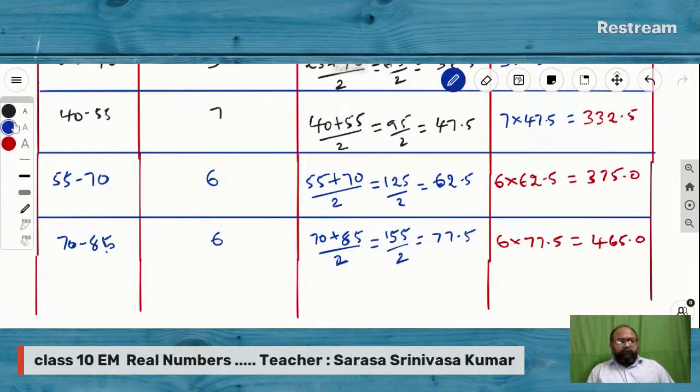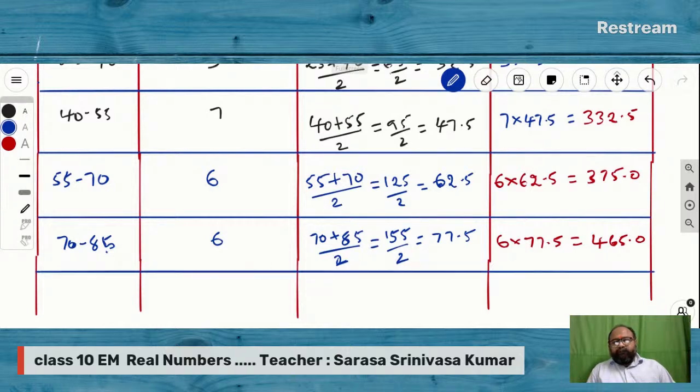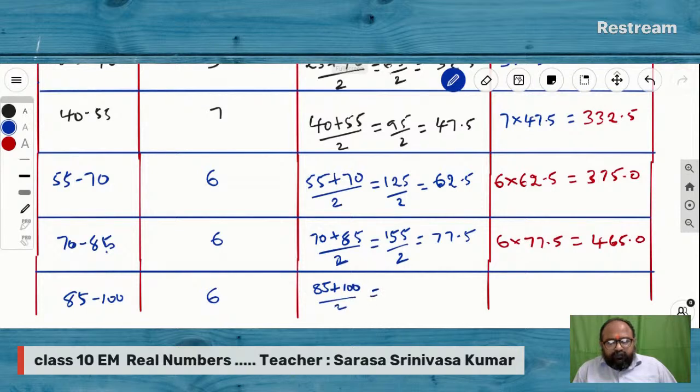Now the last class interval, 85 to 100. In this class interval, number of students is 6. So class marks xi is given by 85 plus 100 by 2. This is equal to 185 by 2, that equal to 92.5.